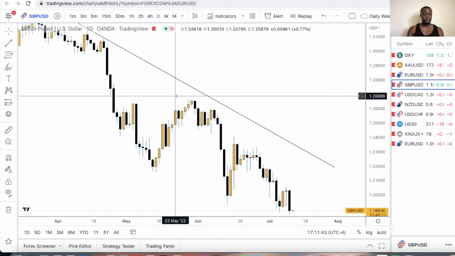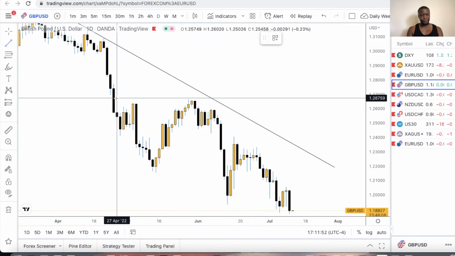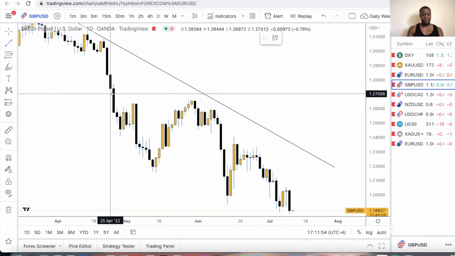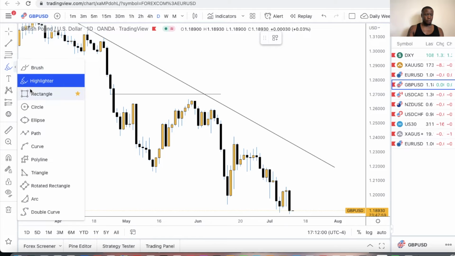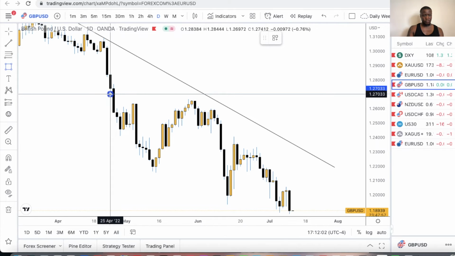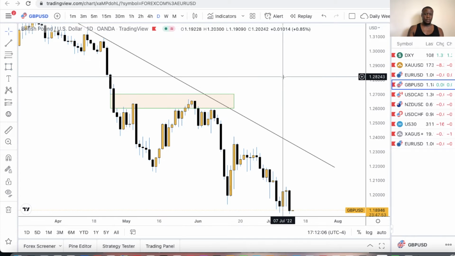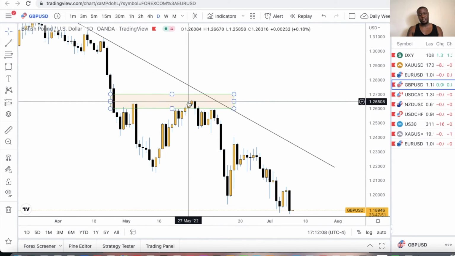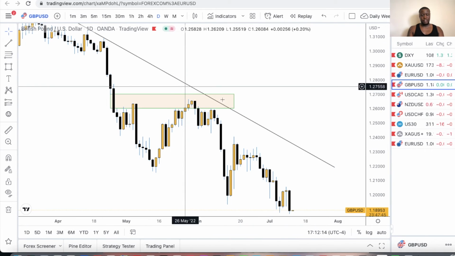So if you've been with the channel for some time now, you know that there's a Forever Pay gap right here. So price did come in and fill that gap. Multiple times it came in and filled the gap. So if you're wondering why it didn't come here, all it needs is to come to fill the gap, and then you got that trend line as well.